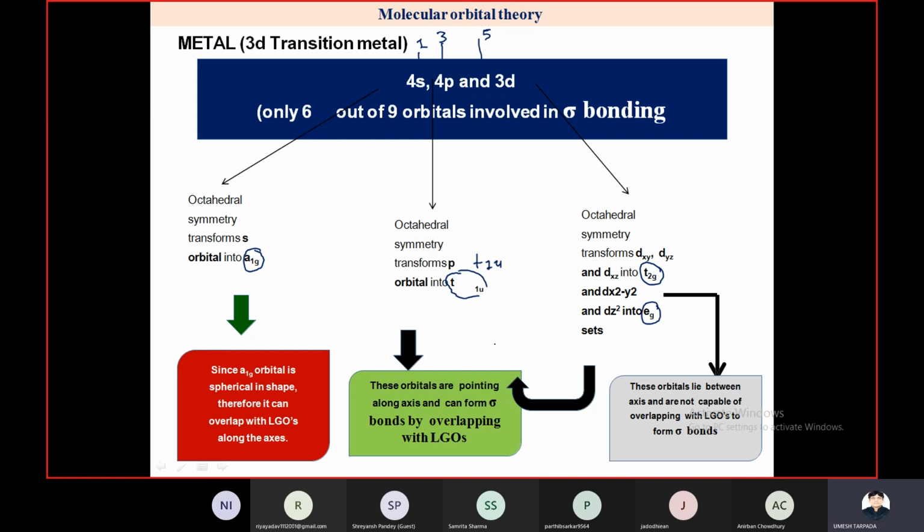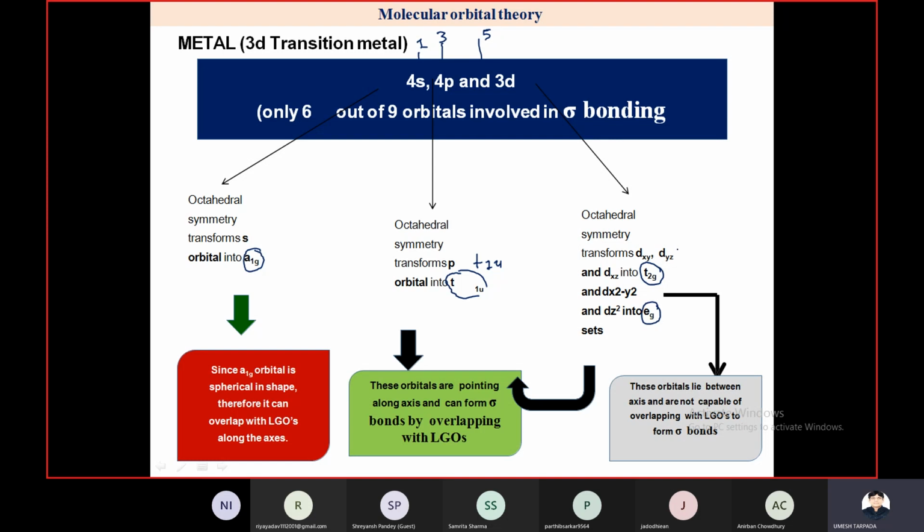So now, the EG orbitals, that is dx square minus y square and dz square, and the T2G orbitals, that is dxy, dyz and dxz. These T2G orbitals lie between the axes and are not capable of overlapping with ligand orbitals to form a sigma bond.